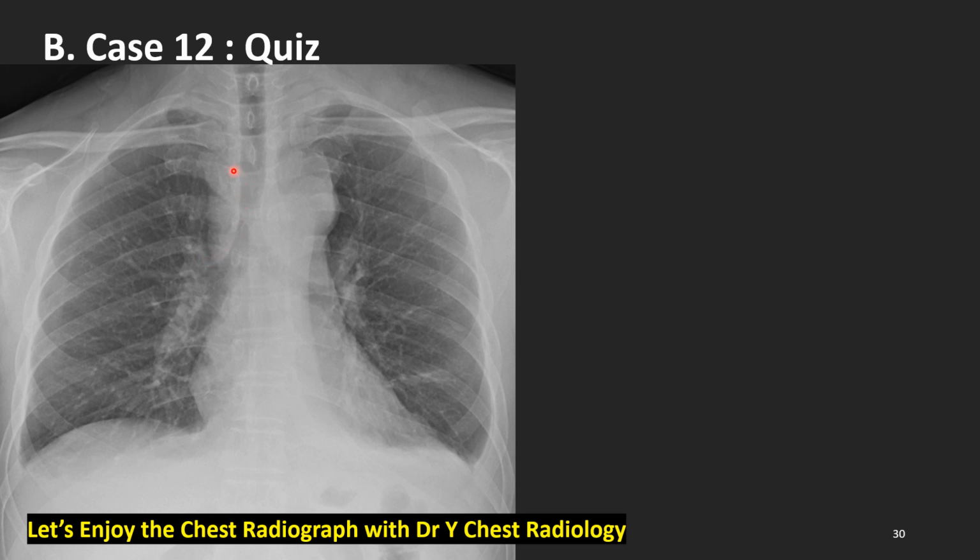Tracheal stripe obliteration here on the left side too. And what do we see? Yes, a large amount of left pleural effusion, and right-sided pleural effusion.